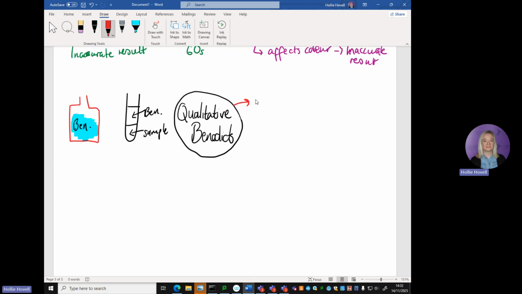So the first thing that could be a source of error is inaccurate measuring of the liquid volumes. So you might have inaccurately measured the Benedict's or the sample. Now you used Pasteur pipettes.